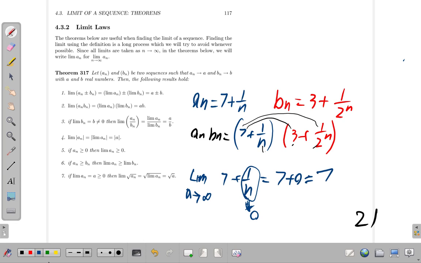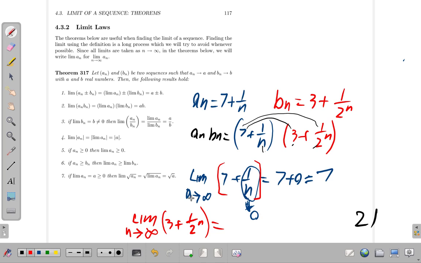Alright. What would happen to bn? Here, the limit as n tends to infinity of 3 plus 1 over 2 to the n equals, oh, by the way, our bracket would be around these. I don't want it to look as if I'm just finding the limit of 7 alone.